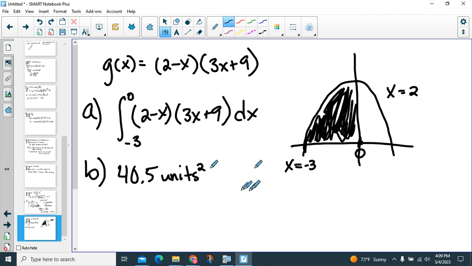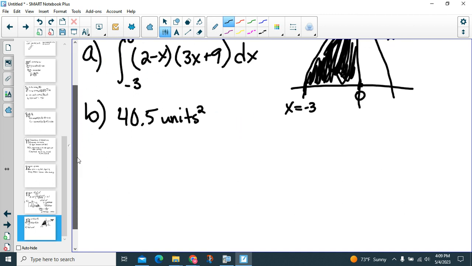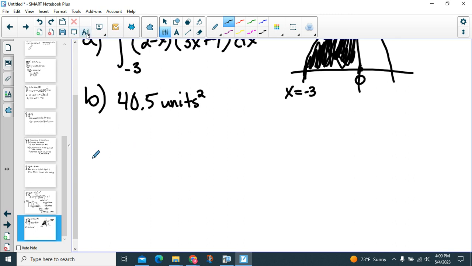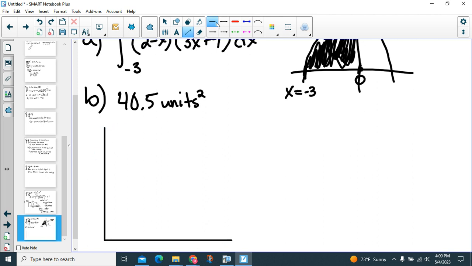Then it says the 3 points A (0, 0), B (3, a), and C (15, 0) define 3 vertices of a triangle. So they give us some triangle here. We have our x and y axis here, and they give us some triangle that looks something like this.